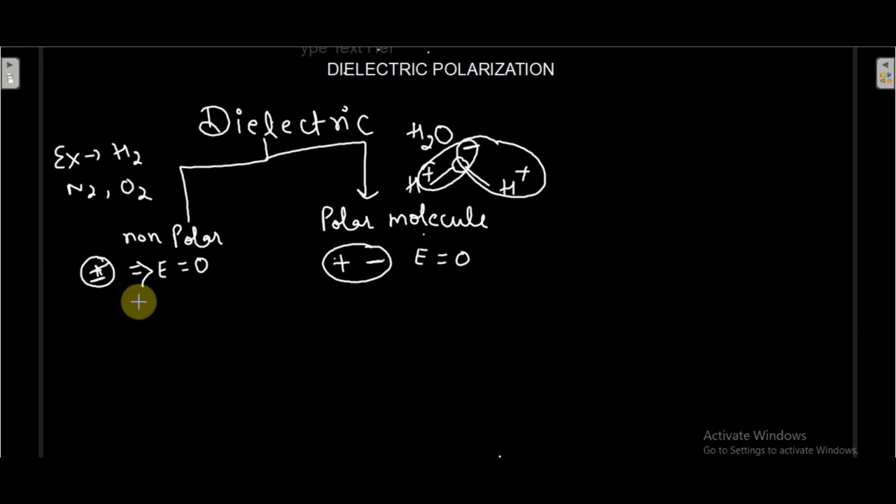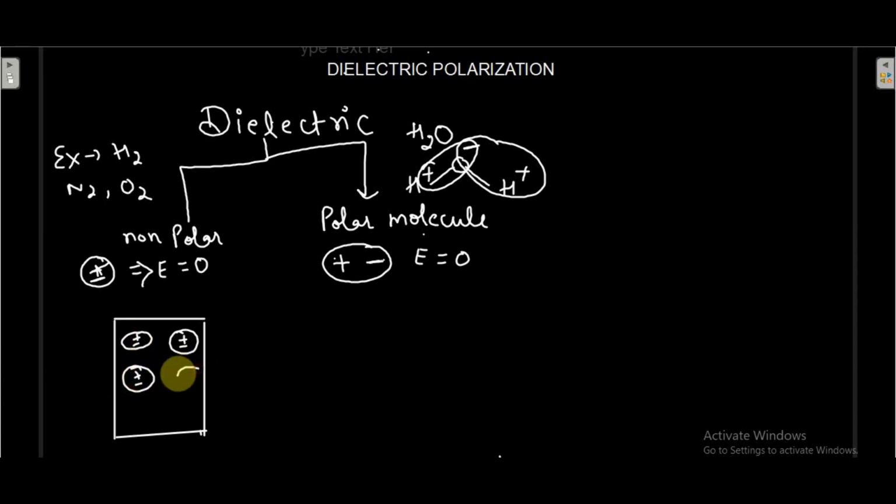First of all, I will take the example of non-polar molecules. Let us consider I have a dielectric substance. The molecules in the dielectric substance are arranged in this way: positive and negative charges lie at the center and coincide with each other.